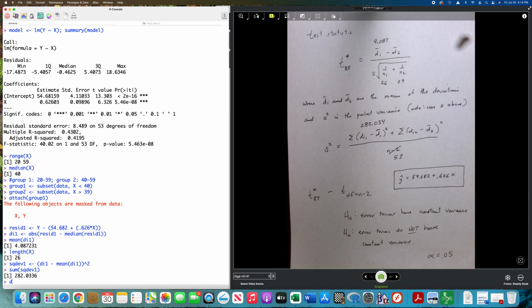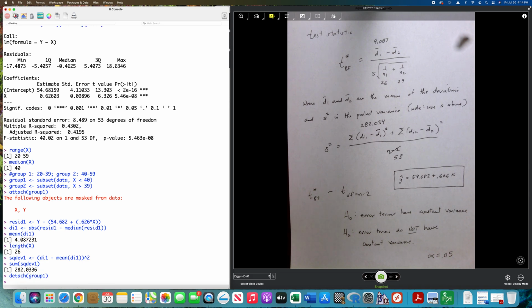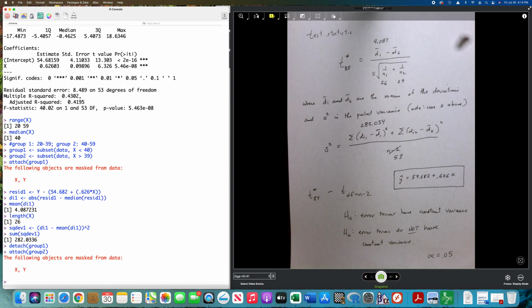So I'm going to detach group 1 and I'm going to attach group 2. So the first thing I need to do, it's kind of cool that I've already done this before, so what I need to do now is I'm just going to go up and get the things that I've done previously. So I'm going to call this, obviously, resid 2. And still do my x's.